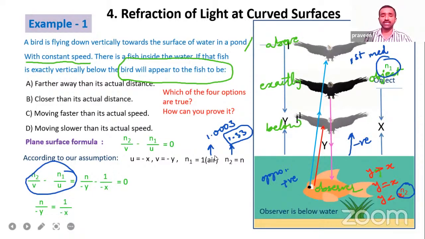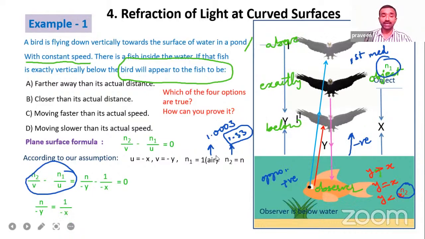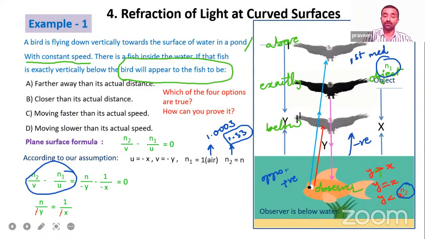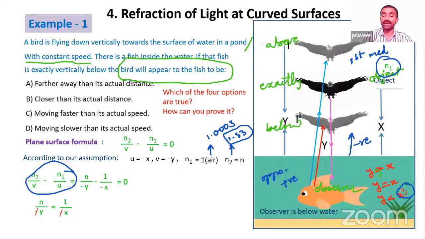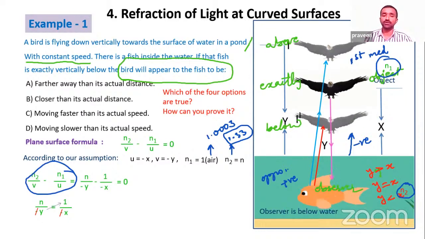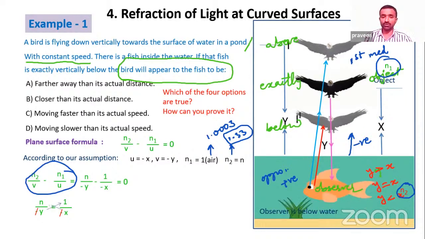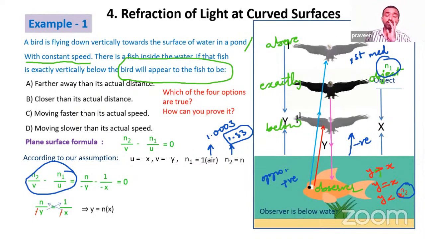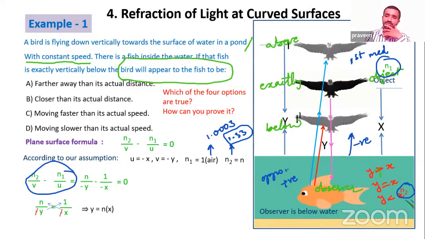Then minus minus cancel, so what remains is n by y equal to 1 by x. Then take the cross product. What do you get? 1 into y is y, and n into x is nx. So I got y equal to nx.